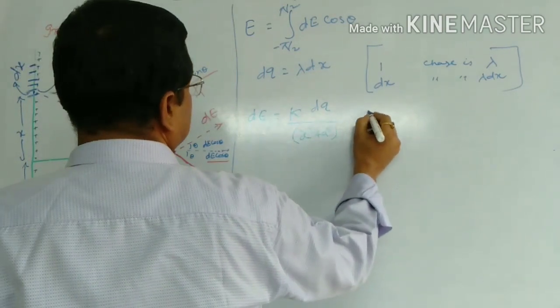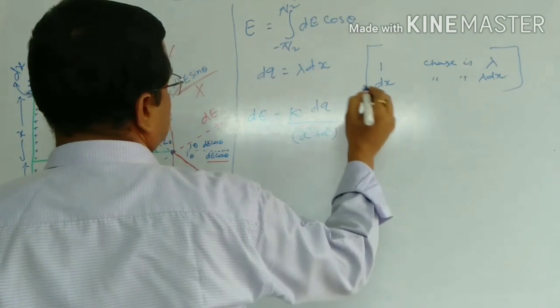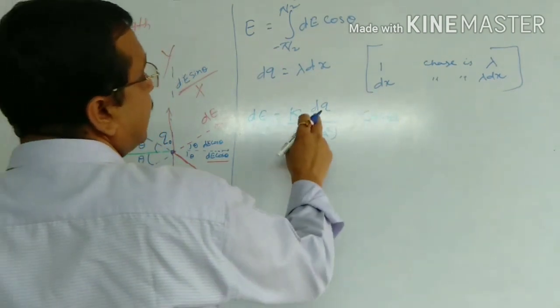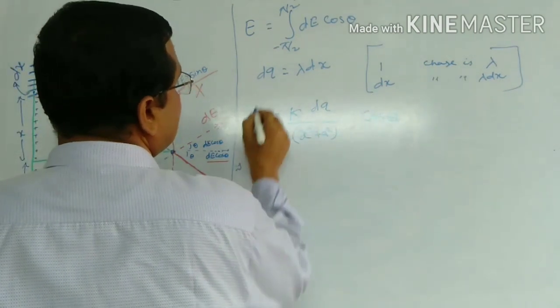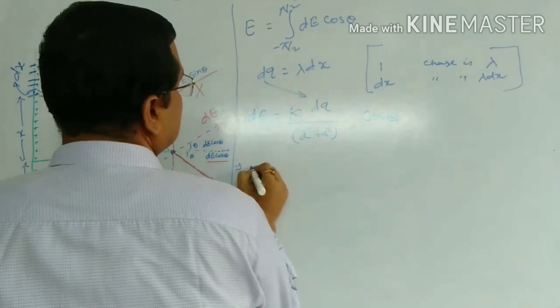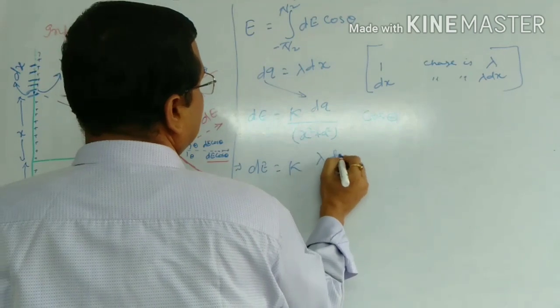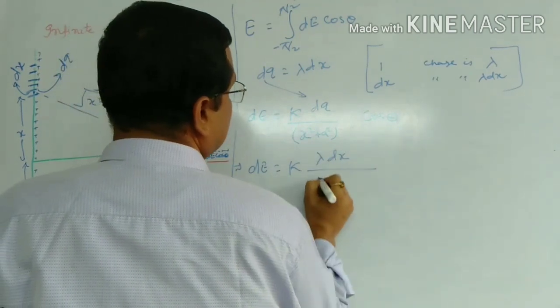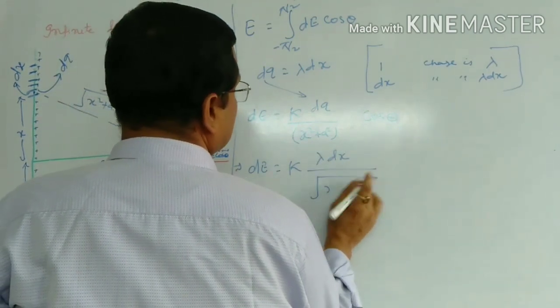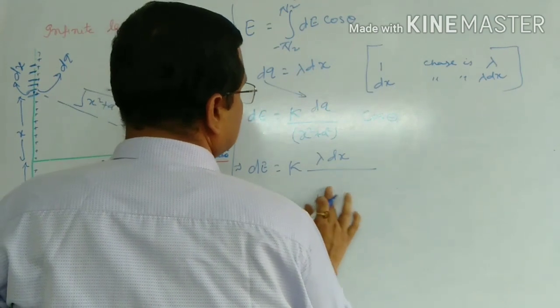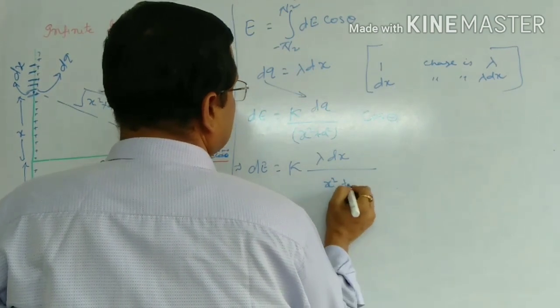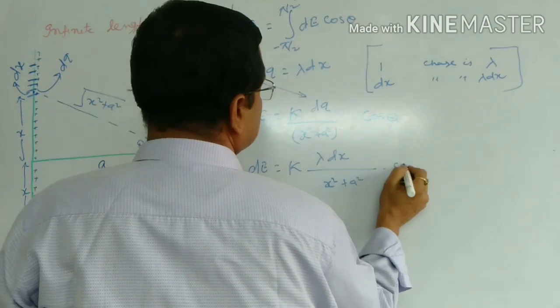So write cos theta. What is the value of dq? dq we have calculated. So dE equals k lambda dx by x square plus a square into cos theta.